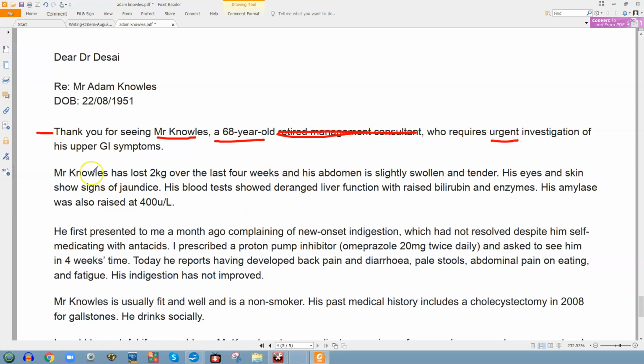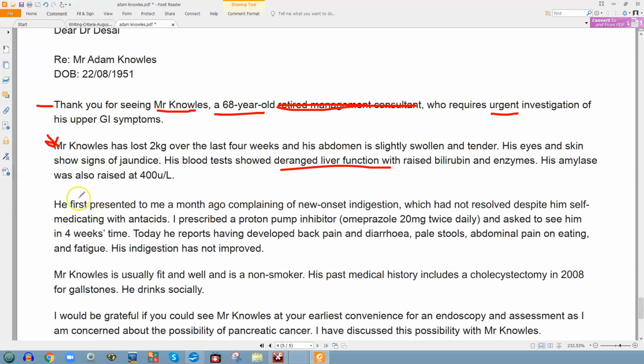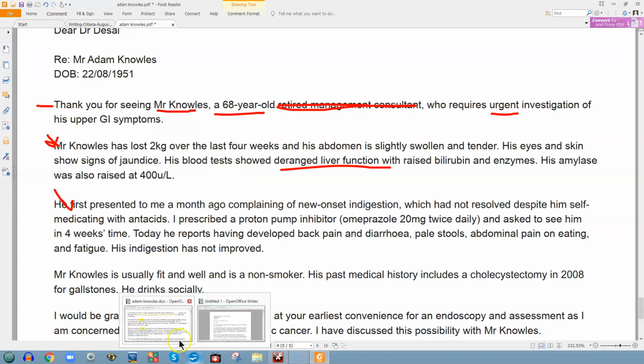Okay, so this is the visit. I would have put it today. Mr Knowles presented with so on. Then the first visit, so you can see how it's got worse. So you've got the urgent part first and then the previous visit. You can do it like that.